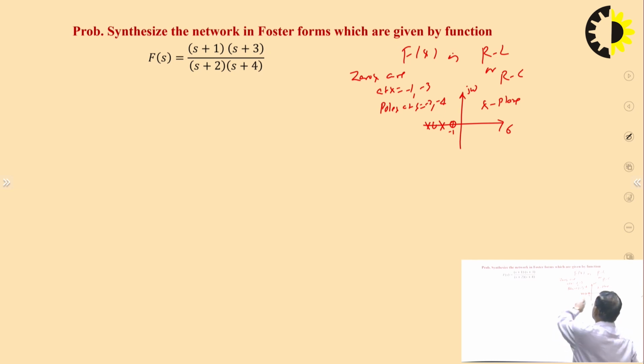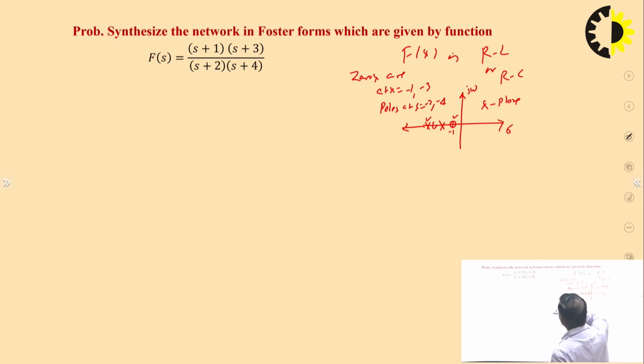The first property is poles and zeros are simple and lie on the negative real axis, that is true. Second property is poles and zeros alternate on the negative real axis, this is also true. The singularity nearest to or at the origin is a 0, that is also true, and the singularity nearest to or at infinity is a pole, this is also true.